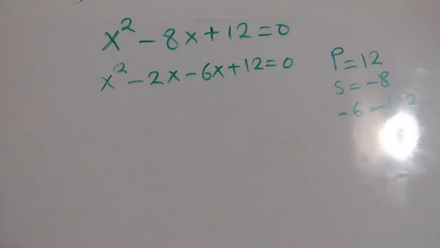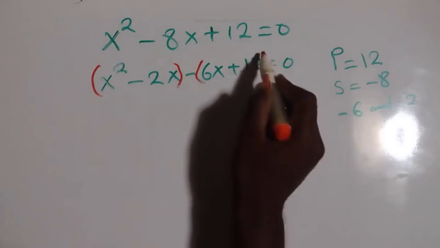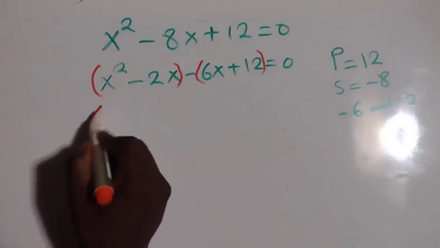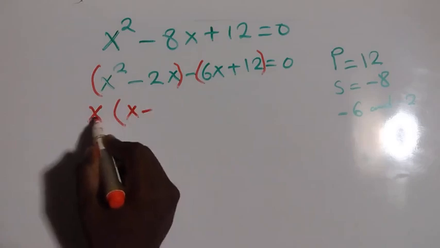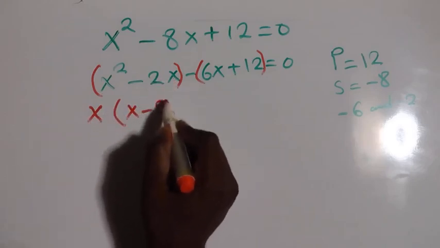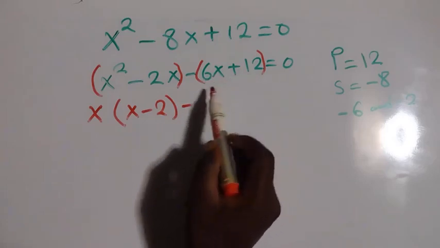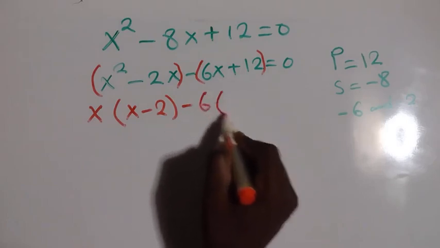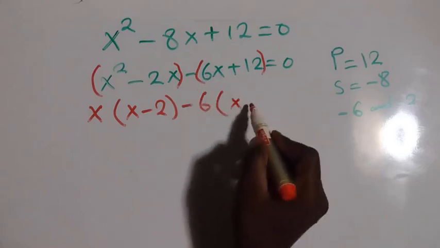So from here, what we are going to do is this. We can separate them like this. Then we factorize. So in the first bracket, what is common? x. Open bracket, x there, x minus x, and x will cancel, remain with 2, minus 6x plus 12. We look for the highest common factor of 6 and 12, which is a 6. Open bracket. We remain with x right here because 6 and 6 will cancel.